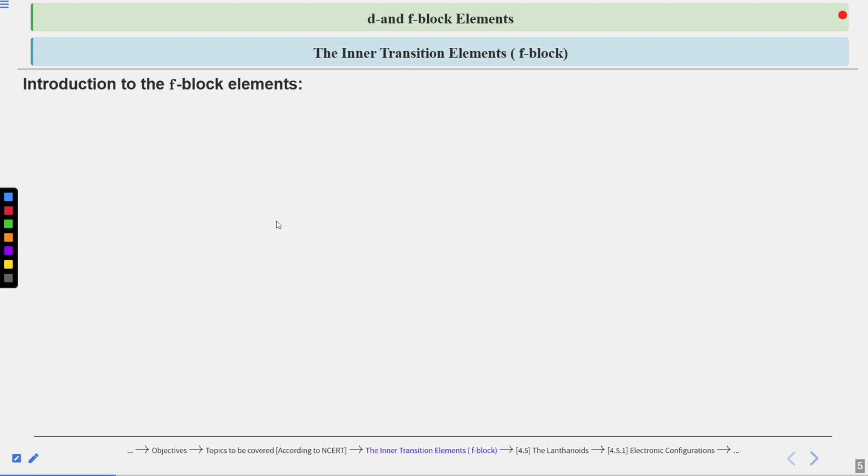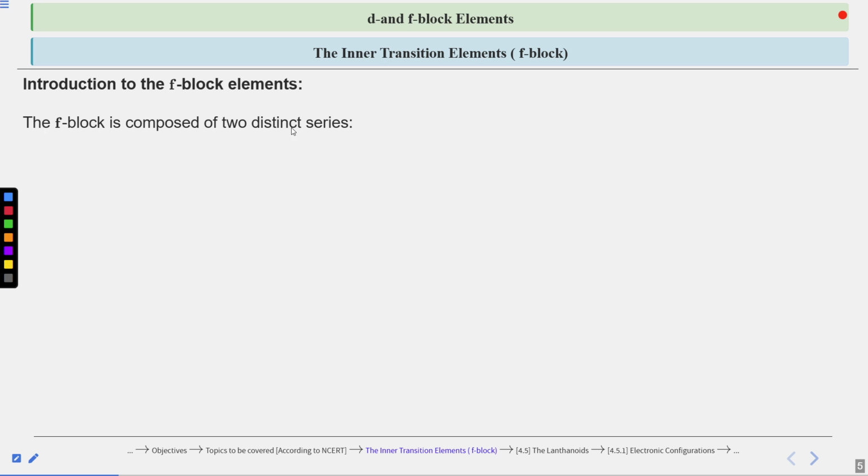So let's begin with a little introduction to F block elements, the inner transition elements. F block is composed of two distinct series. Why are we calling them F block elements? Because they exist in the F block in the periodic table.